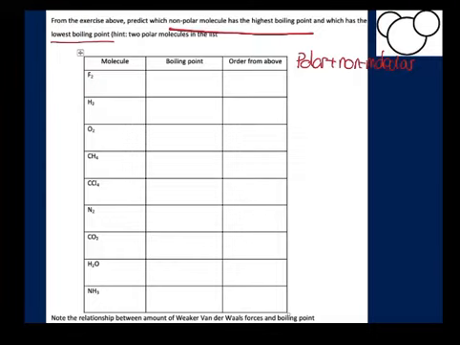And I'm going to help you out and say in this list there are 2 polar molecules present. So you just disregard the polar molecules and you look at the remaining ones and you decide which one would have the highest boiling point and which one would have the lowest boiling point, and it's using the order from above and the molar masses.